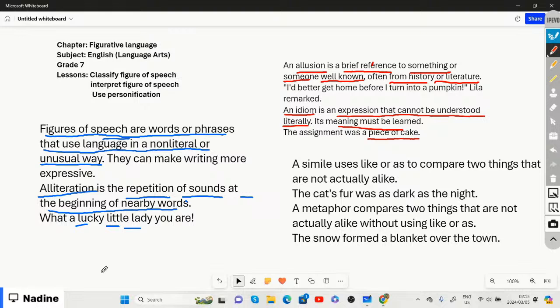So once again, a simile uses words like or as to compare two things that are not actually alike. Then we have a metaphor that also compares two things that are not actually alike, but does not use the word like or as, right?